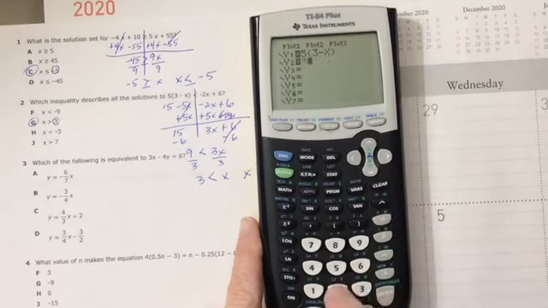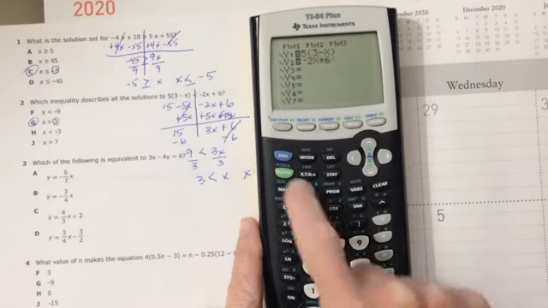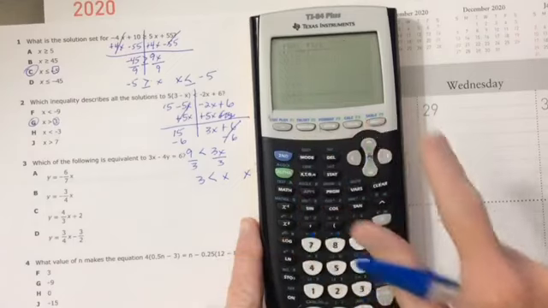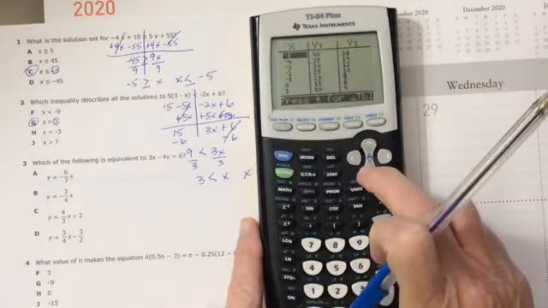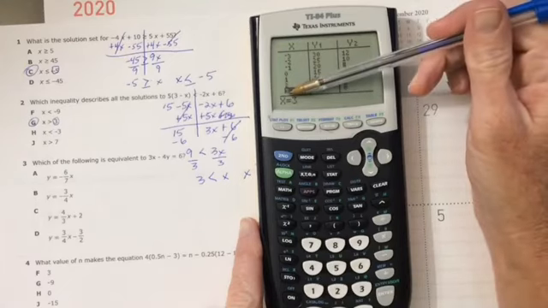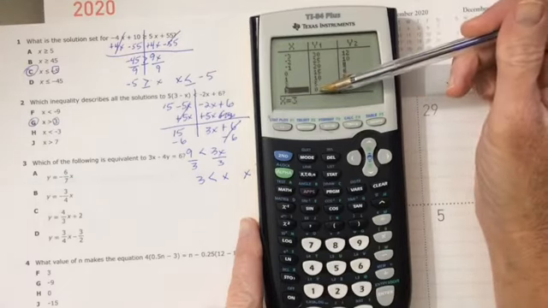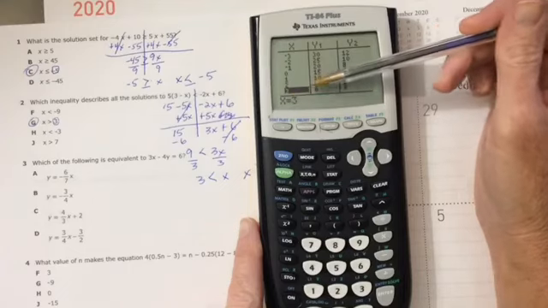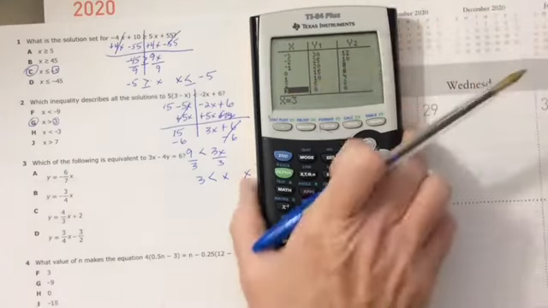And we have -2x plus 6. We already know the answer is 3, so we're going to hit second table. We're going to go to 3. And we know when x is 3, when x is greater than 3, it's 0, 0. So we know what the answer is.